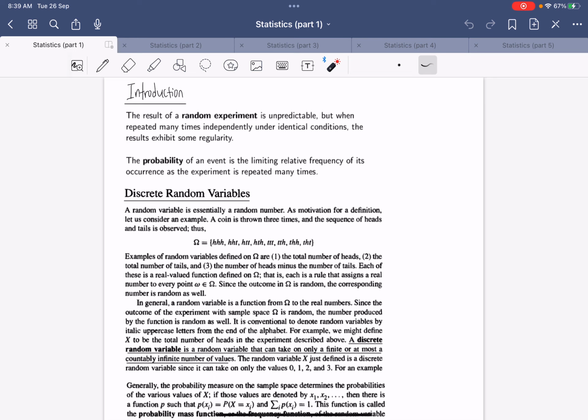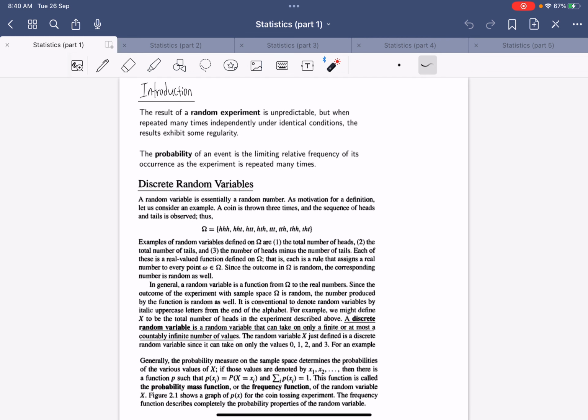So an introduction will be first that a random experiment is unpredictable. The word random is somewhat of a subjective one, as the experiment could be random to one person and not to another. And how we really define random is not really in any mathematically rigorous way.